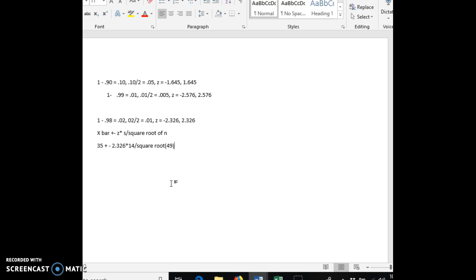All right, now, before we move on here, let's just remember our square root of 49 is 7. If we want to, we can go ahead and do the 14 divided by 7, but I'm just going to do the entire right side of this in my calculator all at once. So I am going to put in 2.326 times 14 divided by 7 into my calculator all at once.